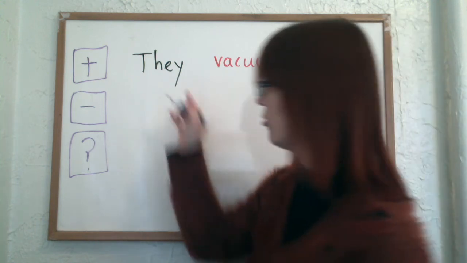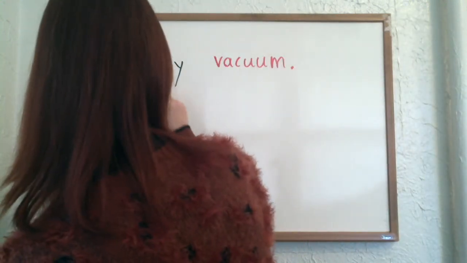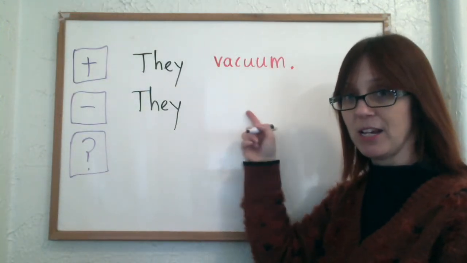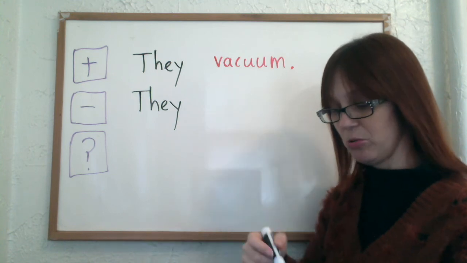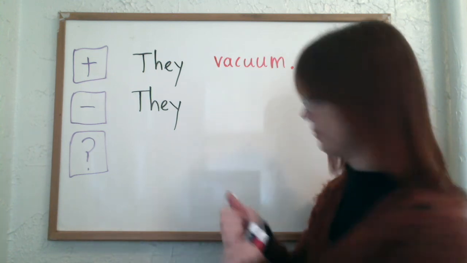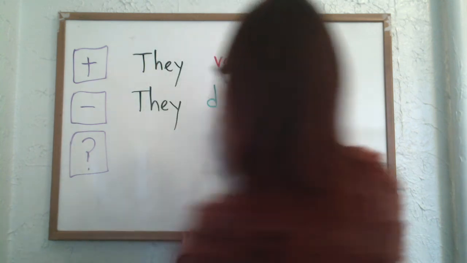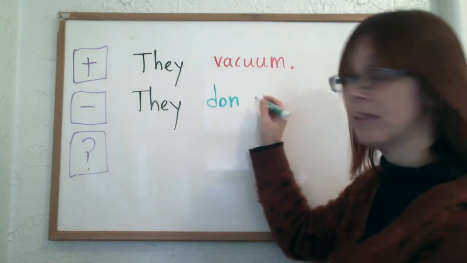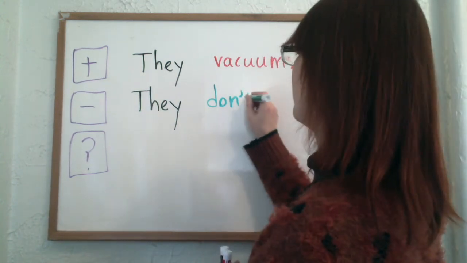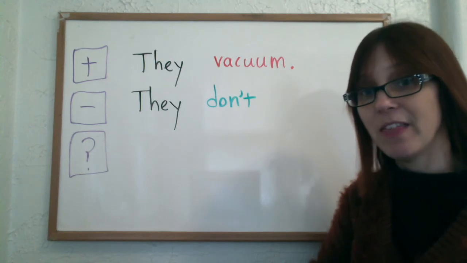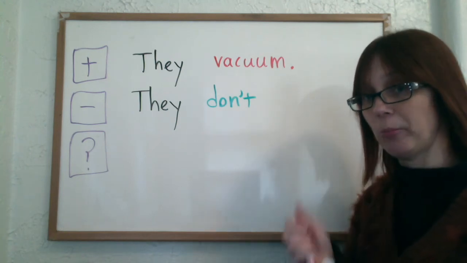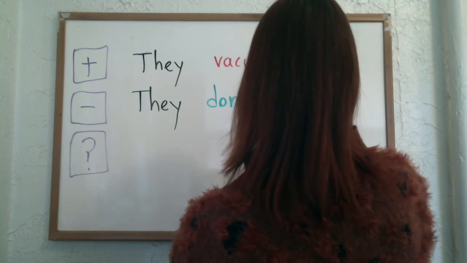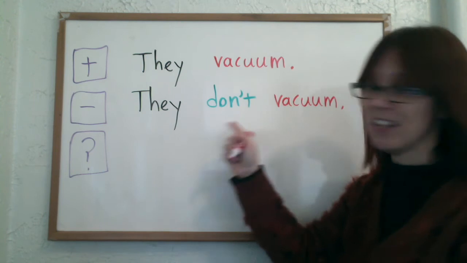So I start with they, and then I want to make it negative. So here I use don't. D-O-N apostrophe T. They don't vacuum.